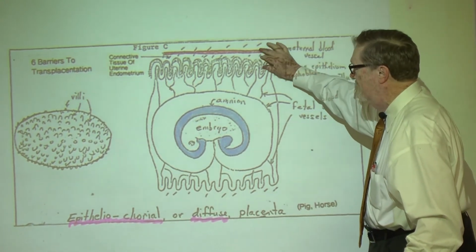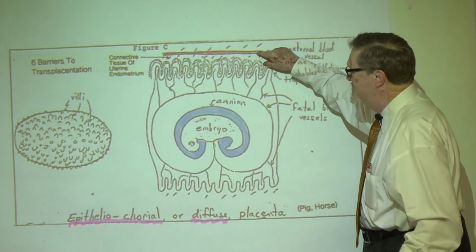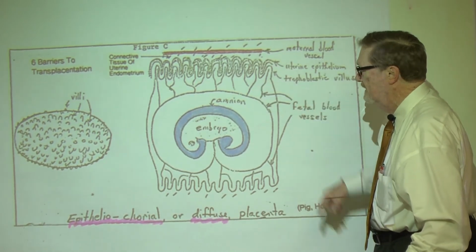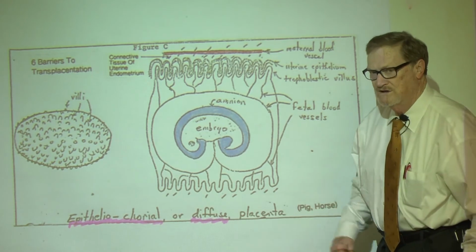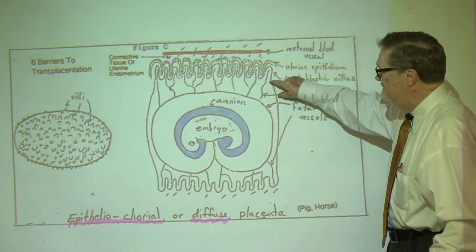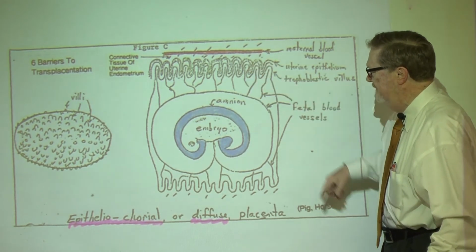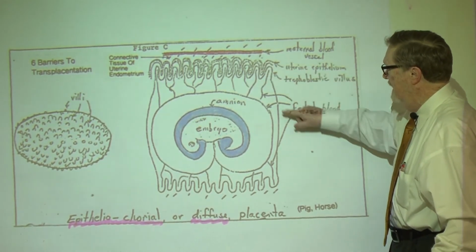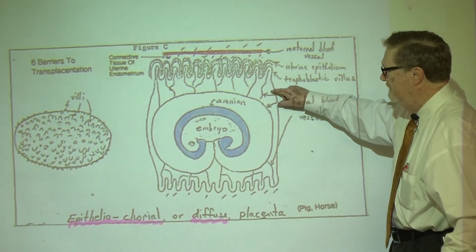So we got 3 barriers of maternal origin to transport of an oxygen molecule on its way to a fetal blood vessel. Then there are 3 more barriers of fetal origin, and they are the 3 barriers associated with this long invasive villus. There's the outer ectoderm right here. That's the first of the fetal barriers.